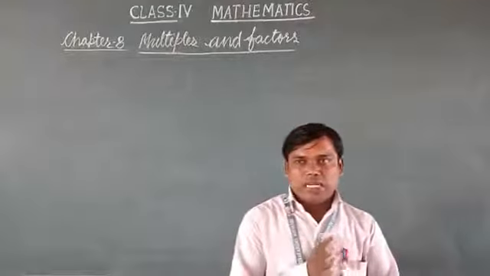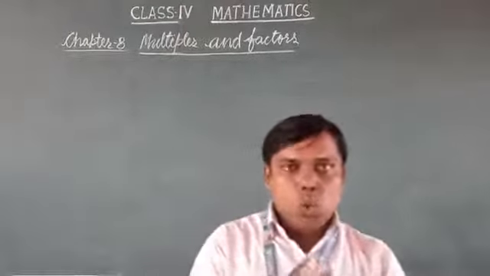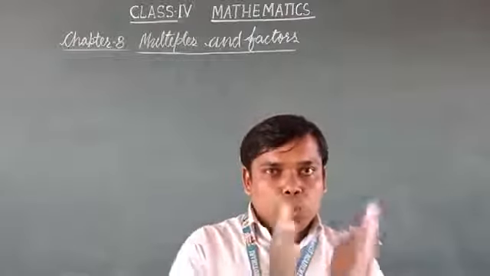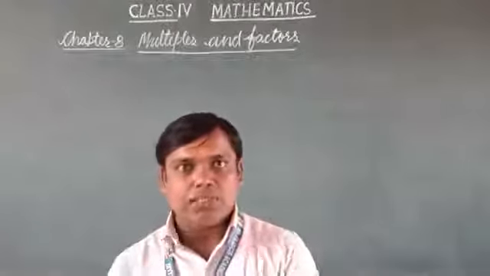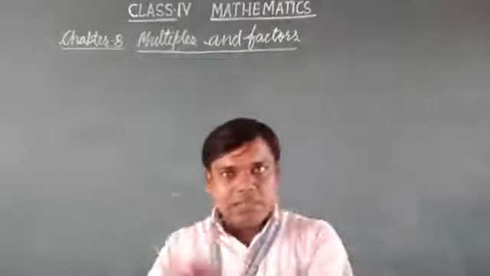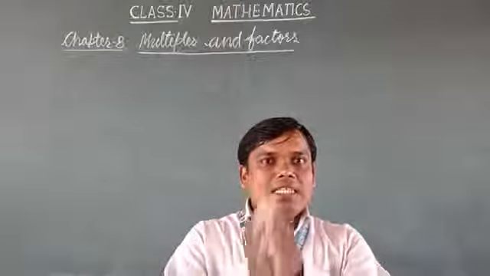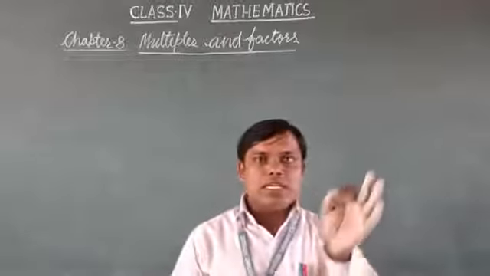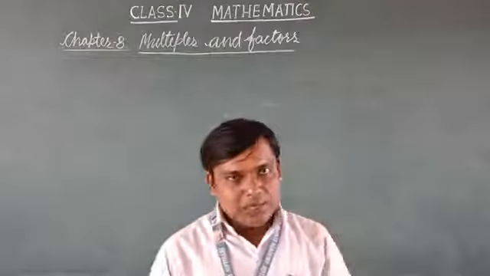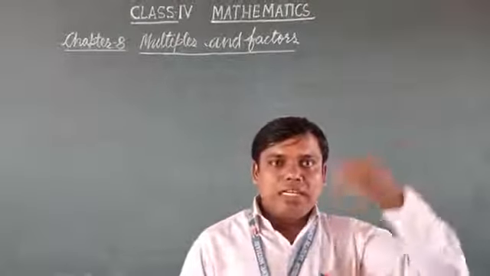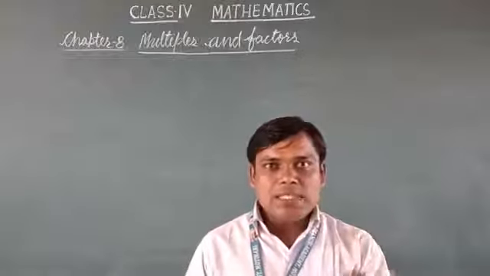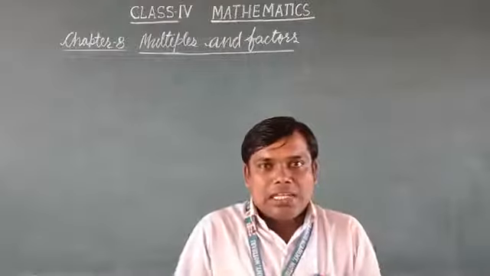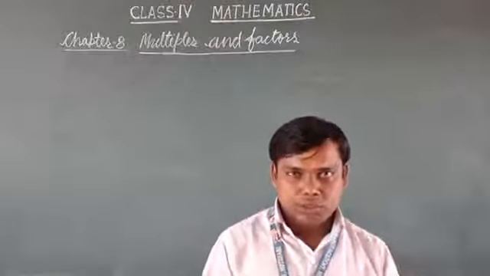The question given to us is: find the lowest value which when divided by the given numbers divides exactly. Means we have to find a number which, when divided by the given numbers, leaves remainder 0. Divide or divisible exactly means leaves remainder 0.